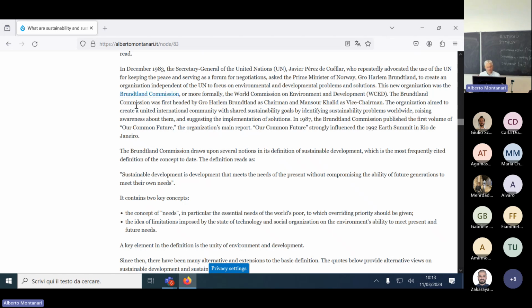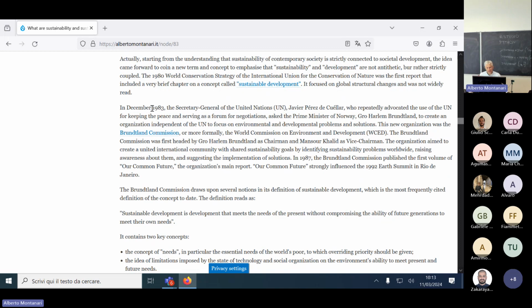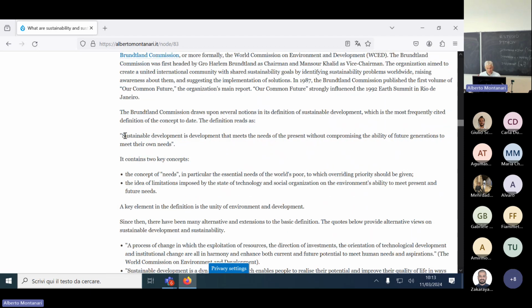Sustainable development was defined in the 80s and the beginning of the 90s of the past century at the international level. Basically, in 1983, the United Nations activated a commission called the Brundtland Commission, from the name of the president, more formally, the World Commission on Environment and Development, which proposed a definition of sustainable development.